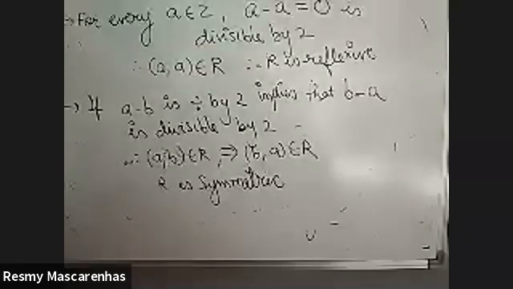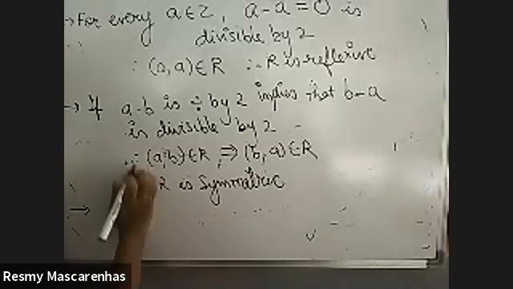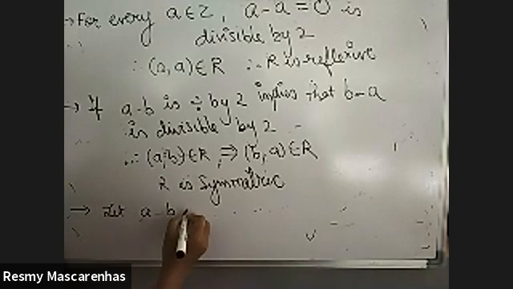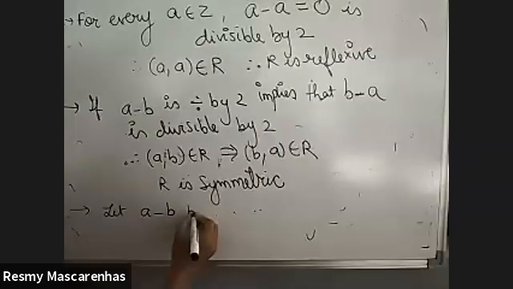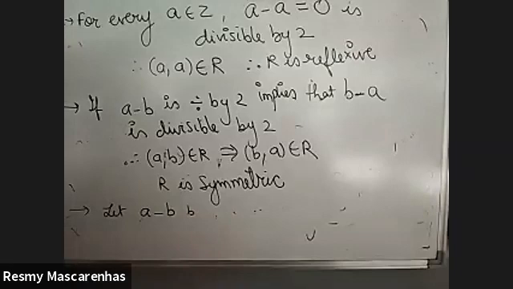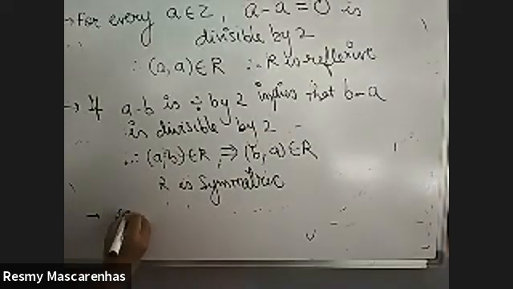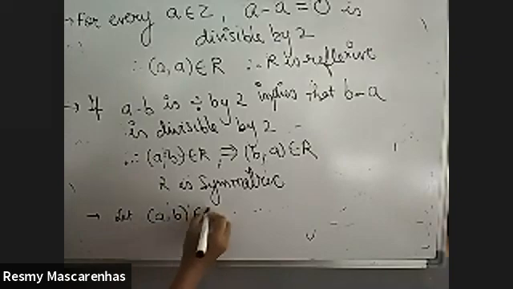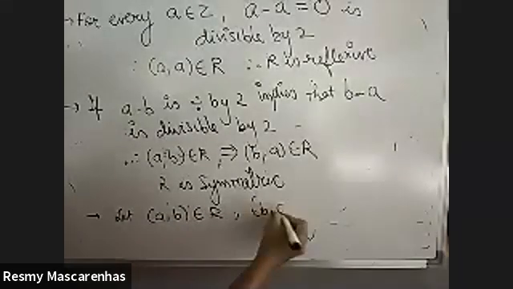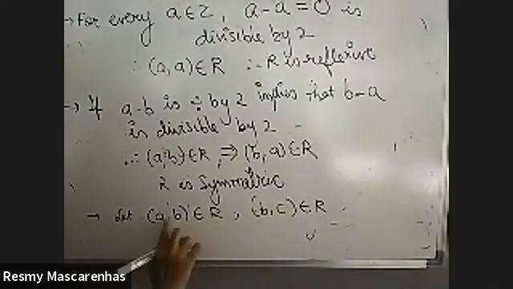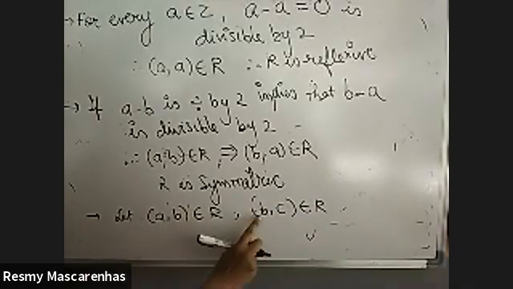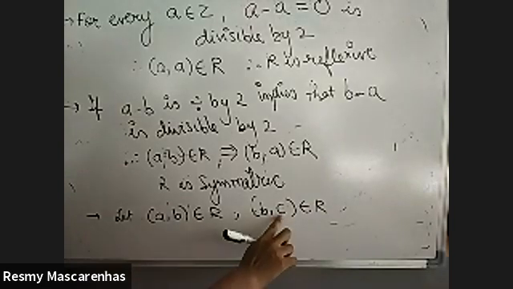That letter you can take as C. So you can write like this first. A comma B belongs to R. B comma C also let it belong to R. It means let A minus B be divisible by 2. Let B minus C also be divisible by 2. See, I am introducing a third number now because we have to check for transitive.